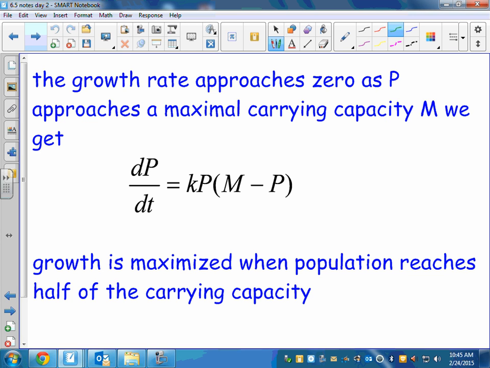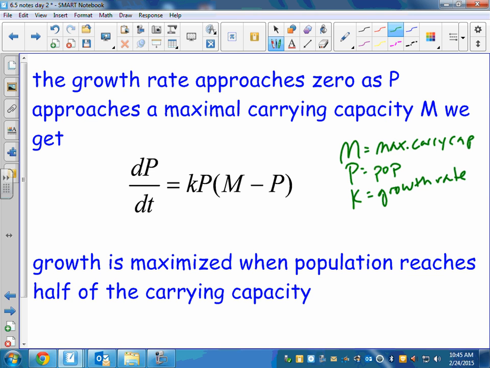So what does all this mean? M is the maximal carrying capacity. P is your population. K is your growth rate. T is your time.